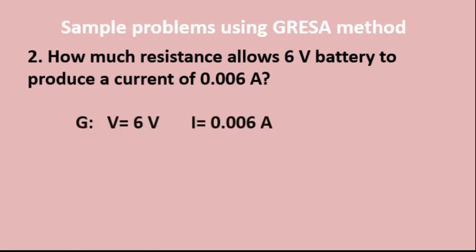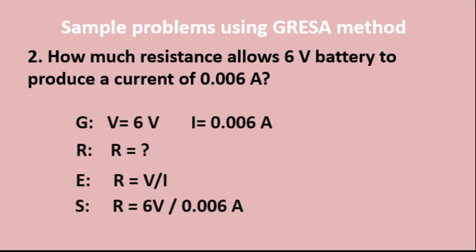Now let us answer the problem. Our given numbers are voltage is equal to 6 volts and current is equal to 0.006 amperes. Required, we're going to find the resistance. Equation, resistance is equal to voltage divided by current.